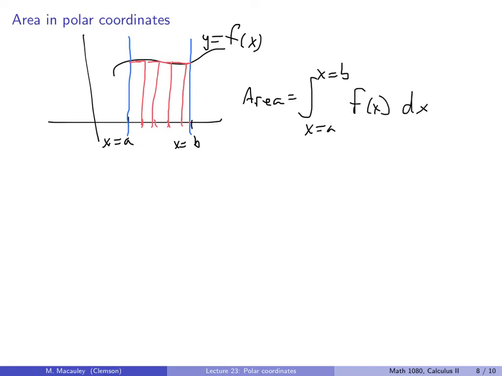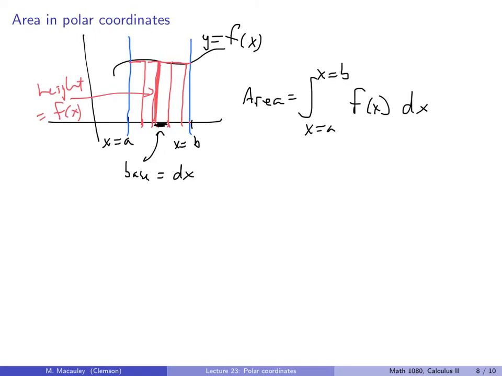And remember, the reason it's f of x times dx is that you can think of the base as having width dx. So the area of each box is the base dx times the height, which is f of x.